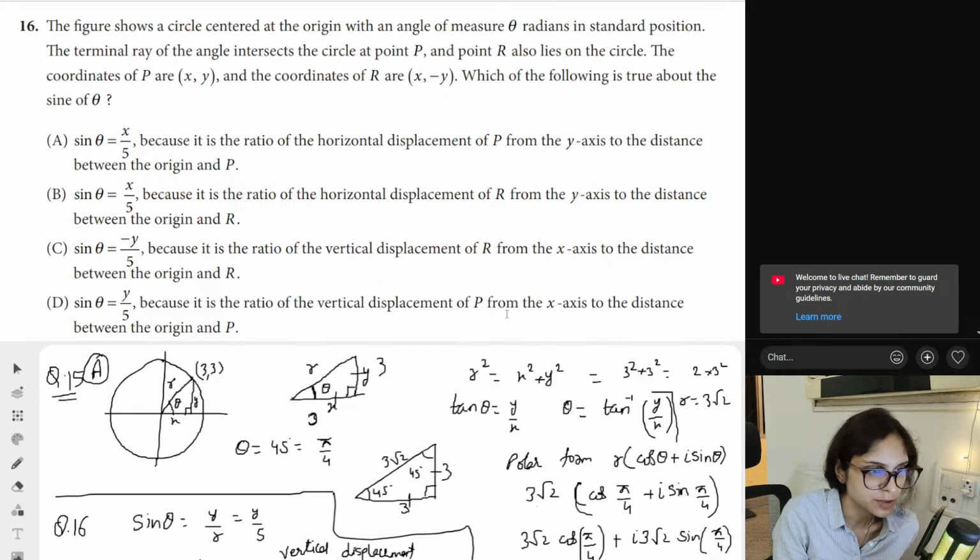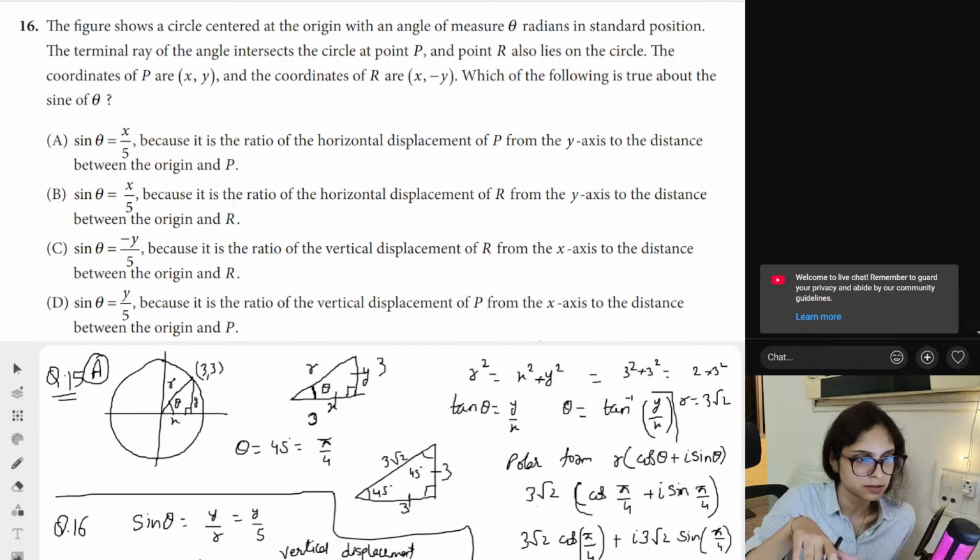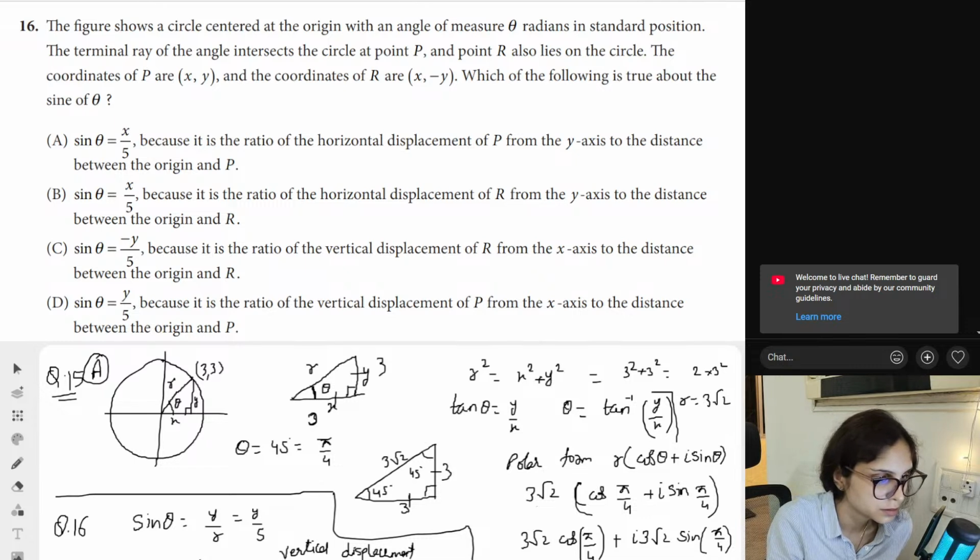So vertical displacement of P from the x-axis to the distance between origin and P, because the distance between origin and P is your r. Like this is your r. What is happening? Why is it not working?